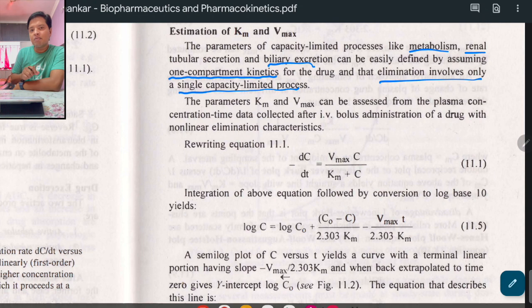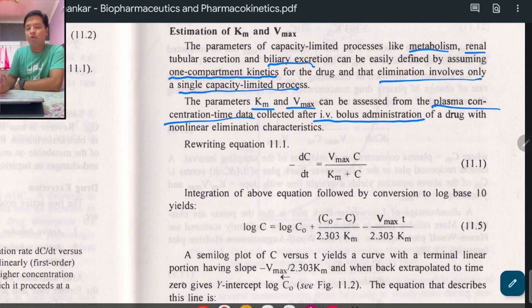So I repeat, the requirement is that the drug should follow a one compartment model, and the elimination should have only one active capacity limited process. We are going to determine Km and Vmax from the plasma drug concentration, after collecting the plasma drug concentration from IV bolus administration.